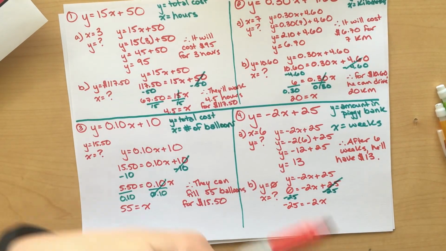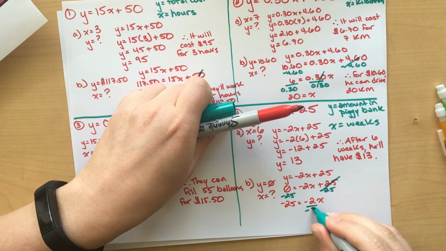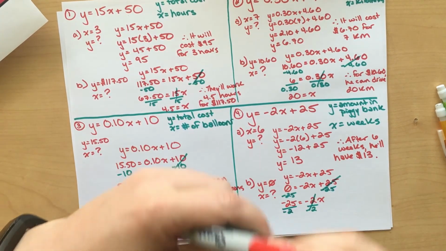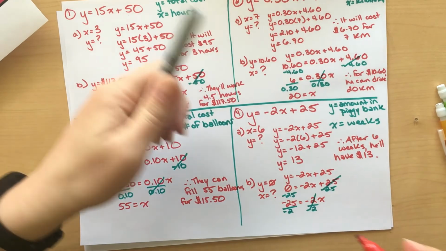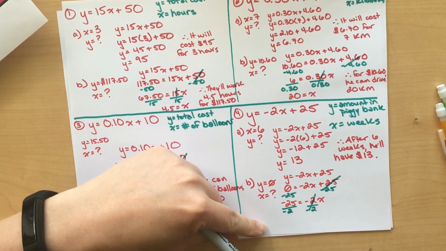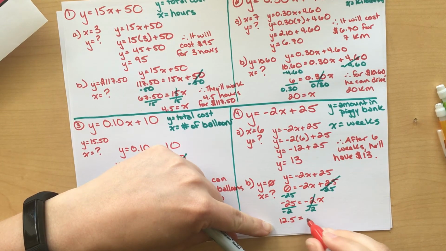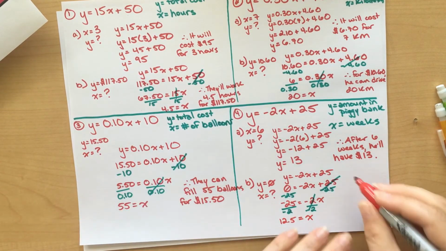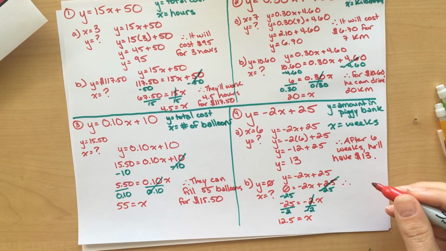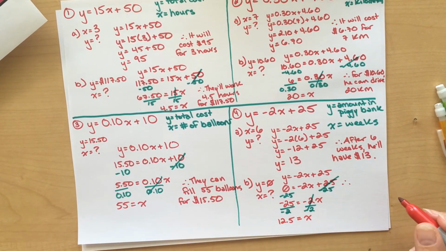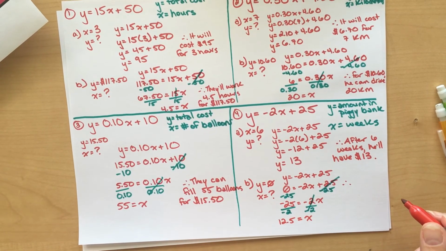Okay, we'll move that 25 to the other side by doing the opposite or the inverse operation. 0 subtract 25 will be negative 25. We're left with the negative 2x. Let's get rid of that negative 2 coefficient. Divide by negative 2. And negative 25 divided by negative 2 will be 12.5. Remember, a negative divided by a negative will give you a positive. So how long would it take for his piggy bank to be empty? It would technically take 12.5 weeks.